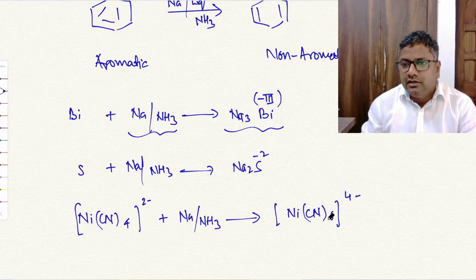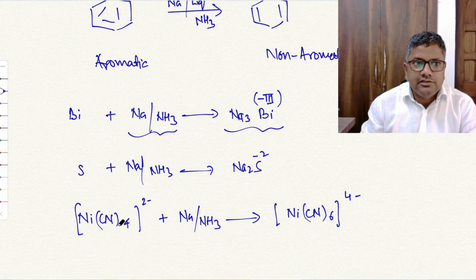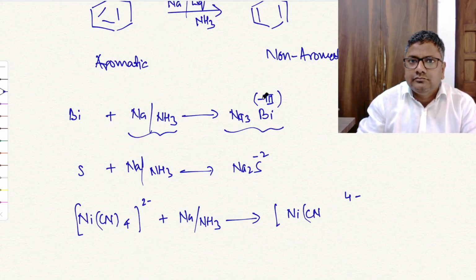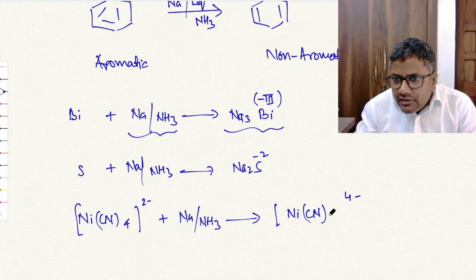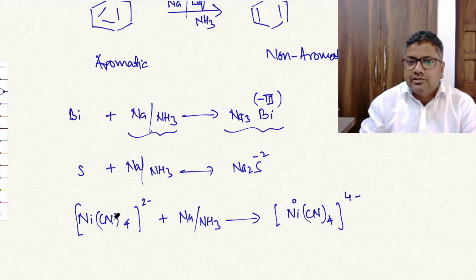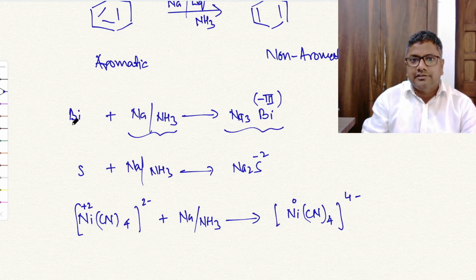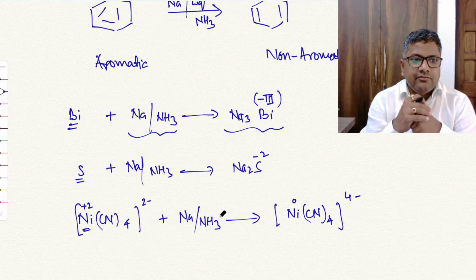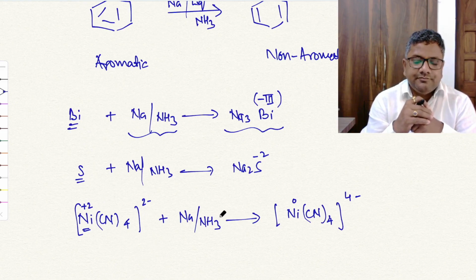So what is the change in the oxidation state? This becomes 0 oxidation state here, from +2. So see how the oxidation state of these elements is changing in this reduction process. So this is a very powerful reducing agent, right?